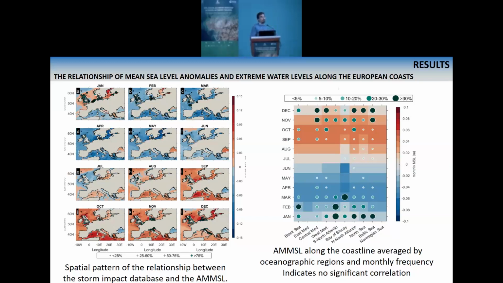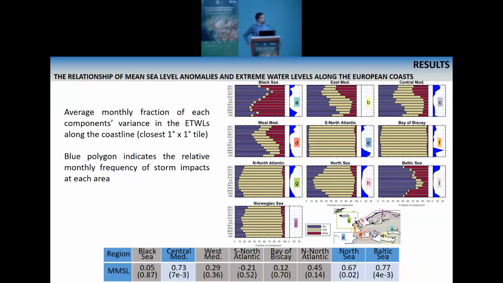So there is no correlation, basically, between the extreme coastal flood events recorded in Europe and the mean or the annual climatology. This is not surprising, this is what we expect. But if we go a bit deeper and look at the fraction of each component and the monthly variance of this component, we can identify several areas where there is a relationship.